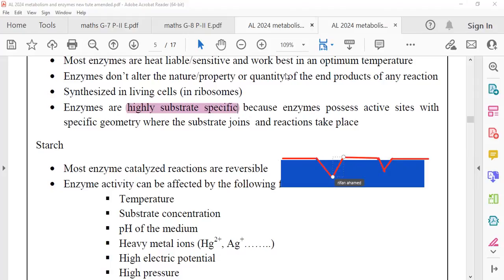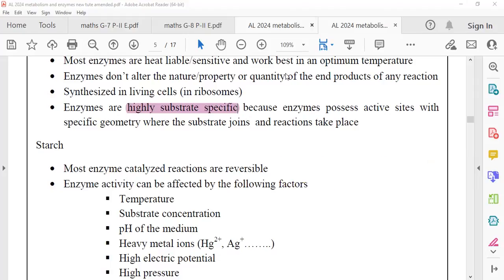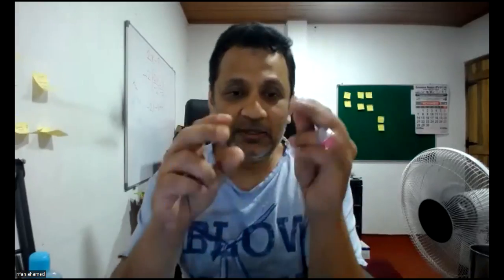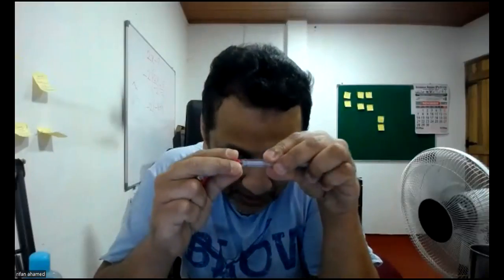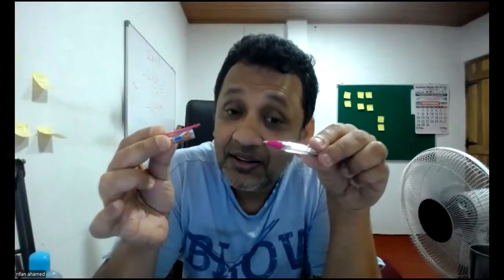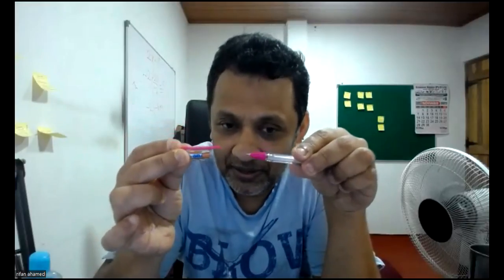That is called by the name complementary nature. For a simple example, here this pen. This is the nib part of the pen. This is the lid of the pen. You can lock like this, correct?